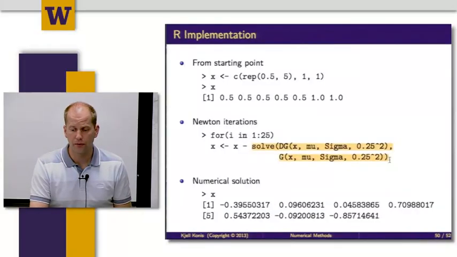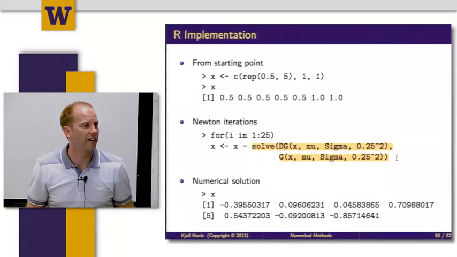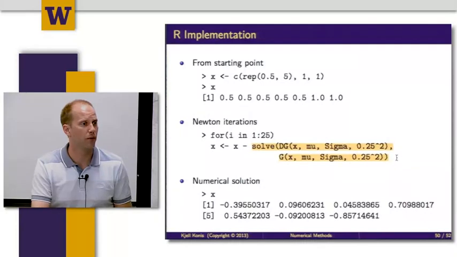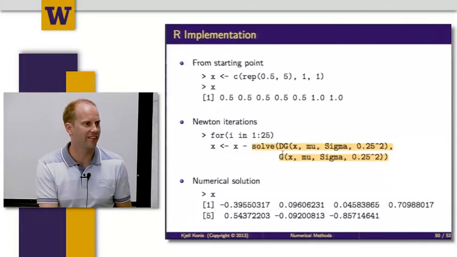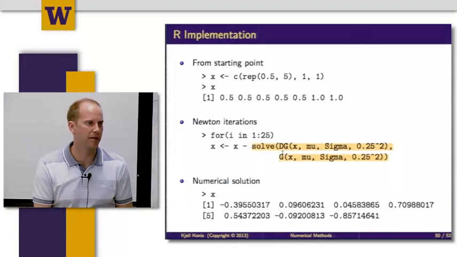remember that this was in the section on doing Newton's method with vector-valued functions. This is sort of my update. If it works, it's supposed to be converging to a certain value. Converging means that my current estimate is close to the thing that I'm trying to get.